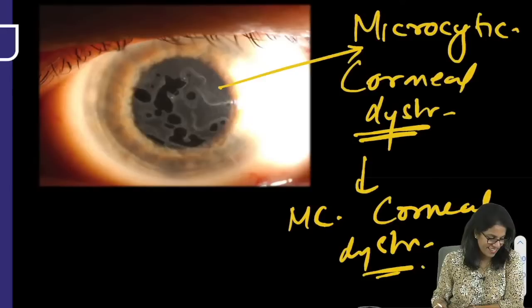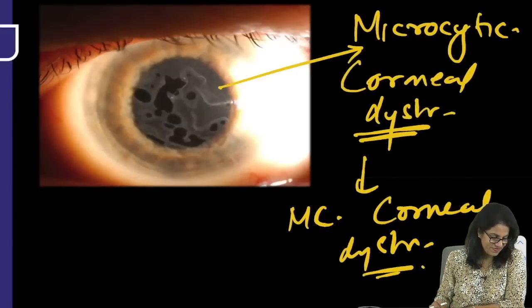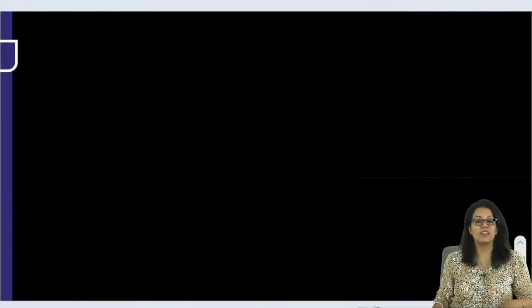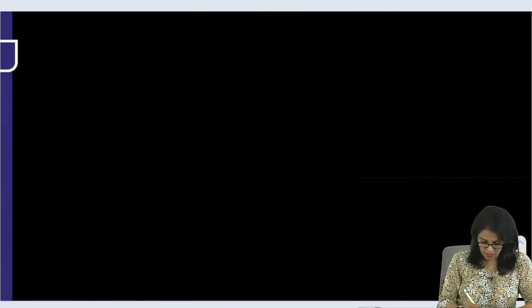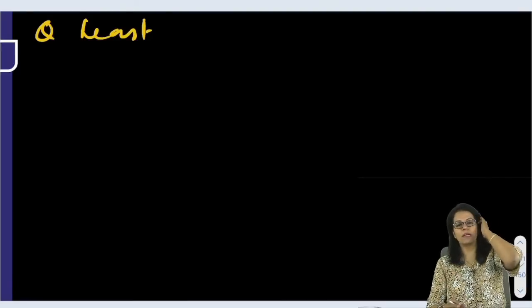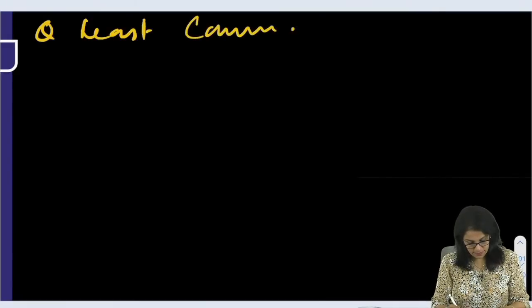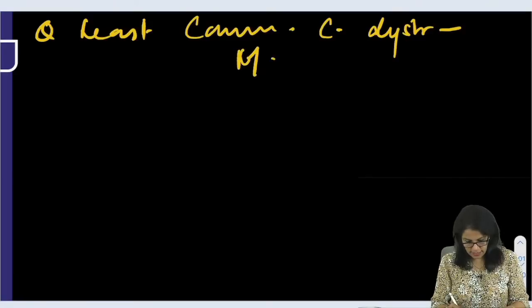None of you have answered correctly. Dystrophies have been asked in the exam. Because of time crunch, I can only pick up a few questions here, but do revise it. Least common corneal dystrophy overall, you will answer is macular.